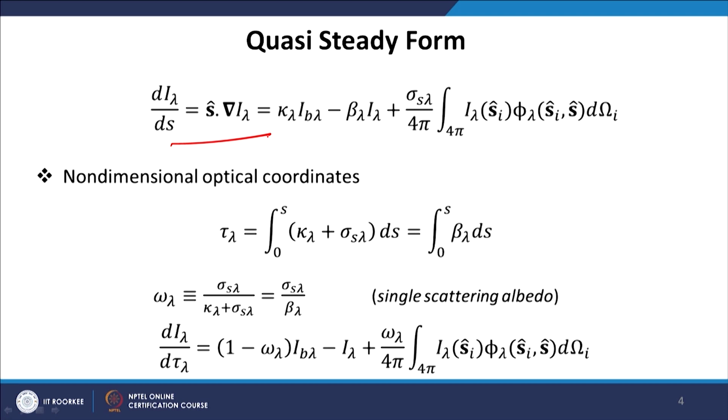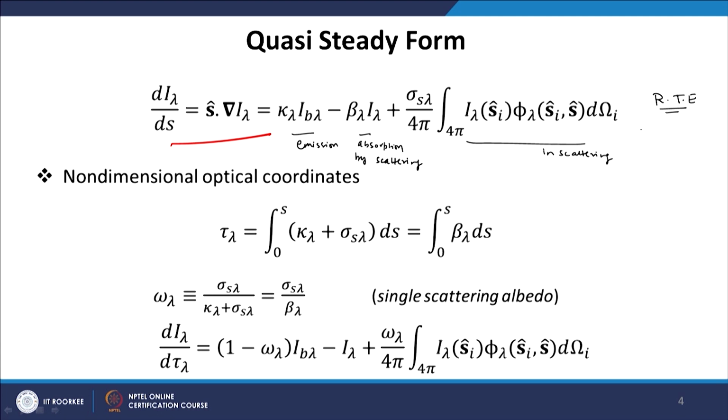On the right hand side we have the emission, absorption, and we have introduced the extinction coefficient beta lambda, which includes attenuation by absorption and also by scattering, the out-scattering. The last term is in-scattering, or augmentation by scattering. This is called the RTE, or radiative transfer equation.